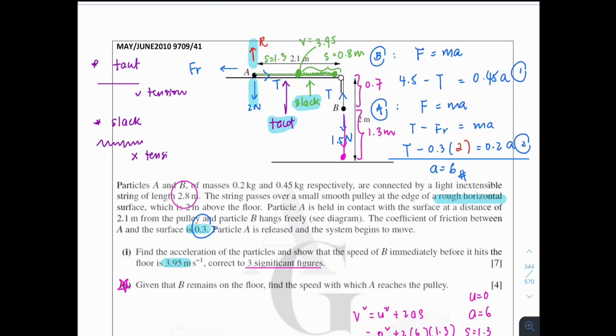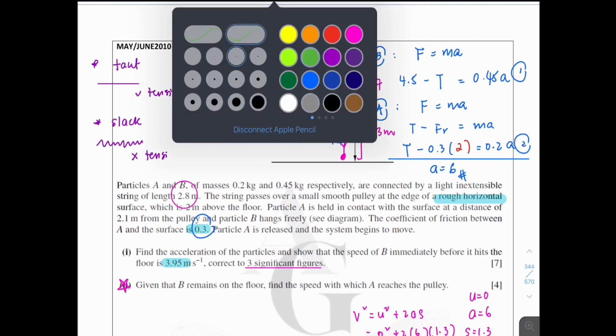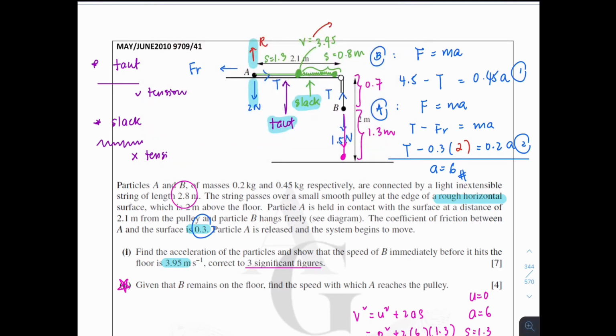Now for the slack part, we know that the initial speed is 3.95. The final speed just now when B reaches the floor is equal to the final speed when A reaches this point. So when we are looking at the slack part, the final speed just now becomes the initial speed when it's slack.